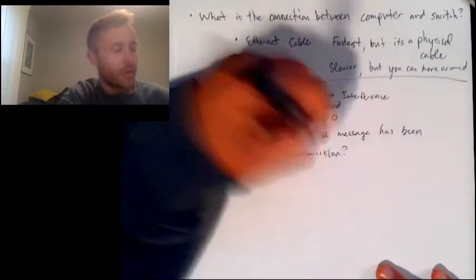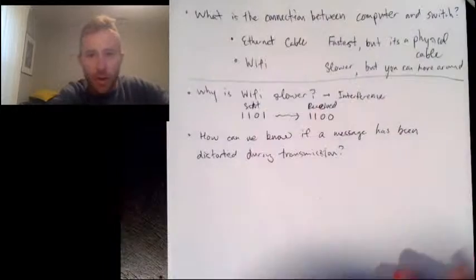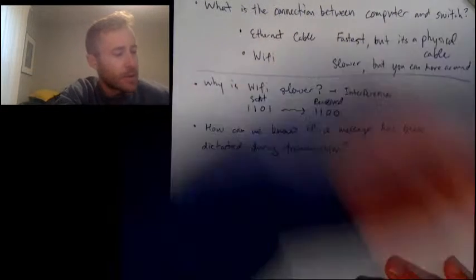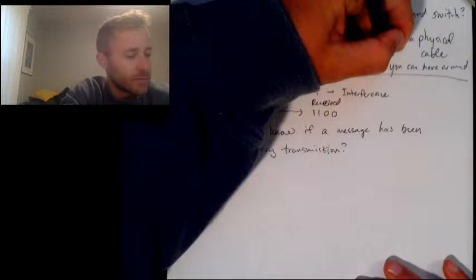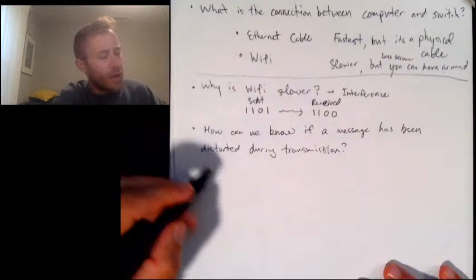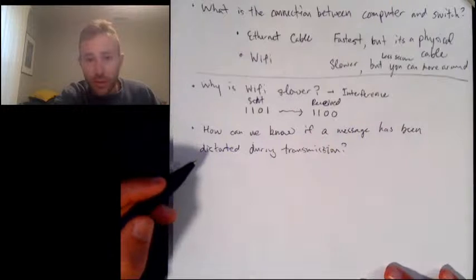This is very important. Oh, by the way, one of the things I wanted to say about Wi-Fi is that it's less secure. That's another con. Okay, so how do we know if a message has been distorted during transmission?